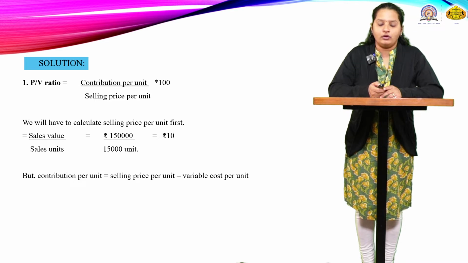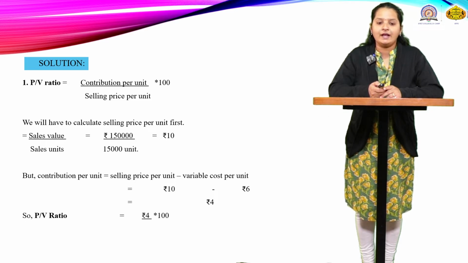Hence, contribution can be calculated by deducting the variable cost from the selling price, per unit. So the contribution is rupees 10 selling price per unit minus rupees 6 variable cost per unit, and the contribution is rupees 4.